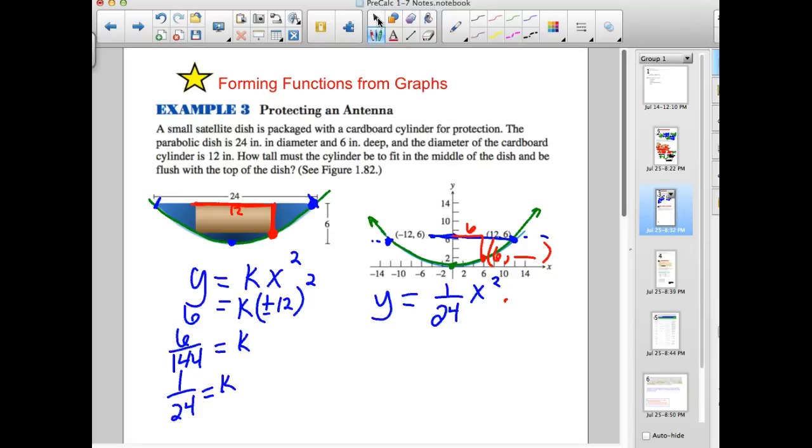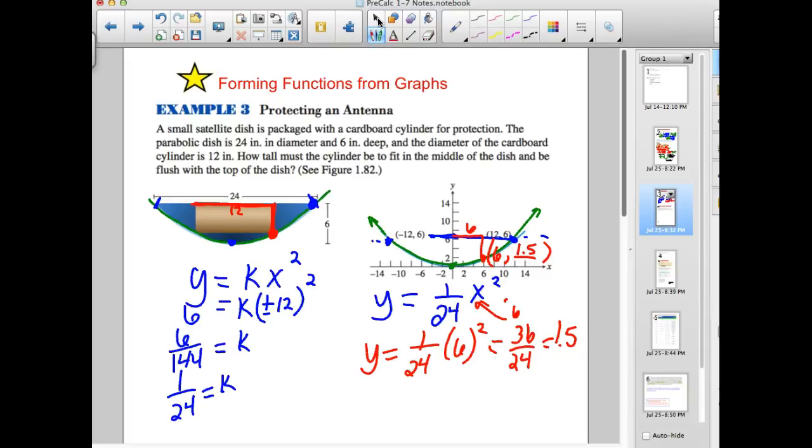It's on my curve, so it has to fit this equation. So I'm going to put a 6 in here. So 6 squared would be 36 divided by 24. What does that give us? Three halves. Yep, or 1.5. So it has coordinates 6, 1.5.